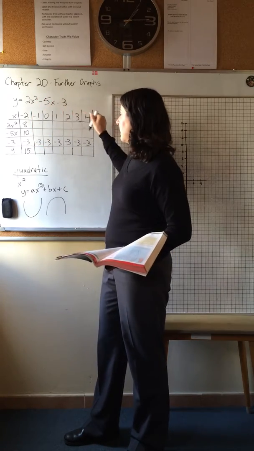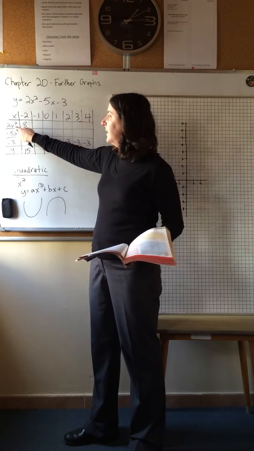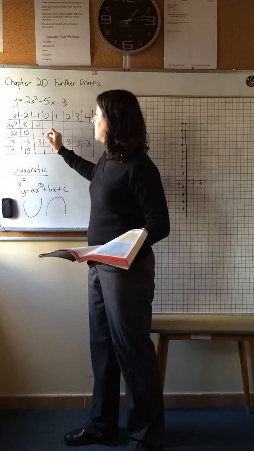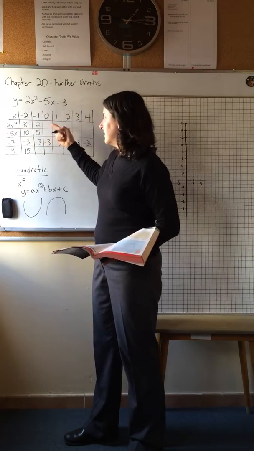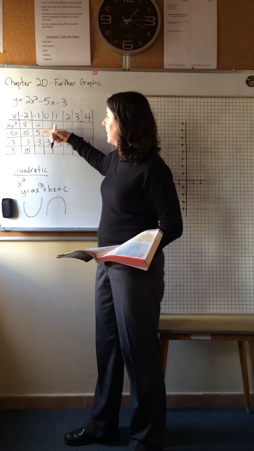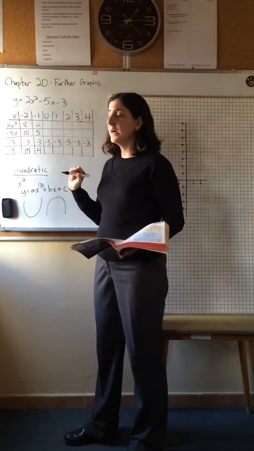Then we want to do the same thing with the rest of these. For -1: -1 times -1 is +1, times 2 is 2. -1 times -5 is 5, and then we have the -3. So 2 and 5 is 7, 7 minus 3 is 4.